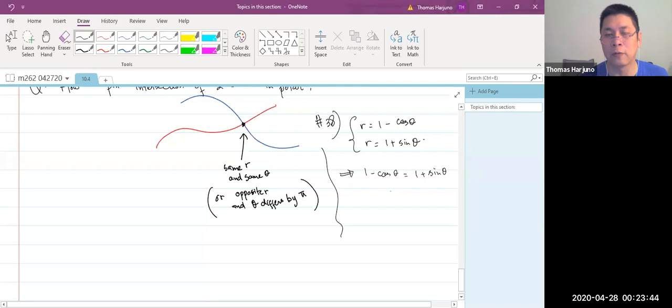So negative cosine theta equals sine theta. That's only true if tangent theta equals -1. But tangent theta equals -1 when theta is 3 pi over 4, or theta is 7 pi over 4.